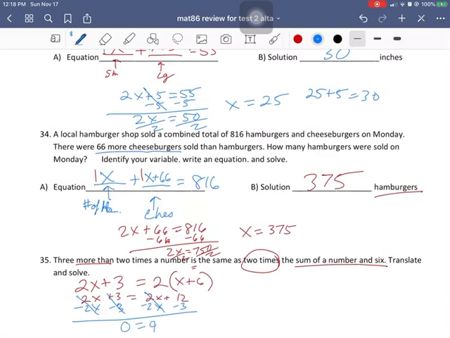Okay, so that's going to be 9. Doesn't equal 9. So there is no solution. Or it's a, what, a contradiction? Contradiction. There's no solution. There's nothing we can put in for x that will make that equal. But that is our answer for that. Okay?